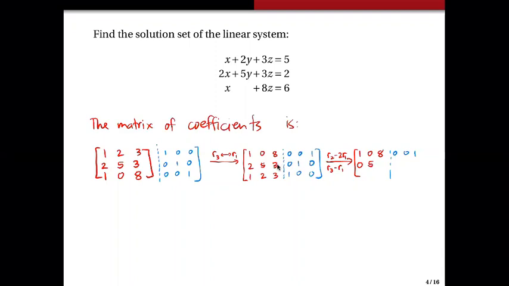In here, we have 3 minus 2 times 8. So 3 minus 16. So that will be what? Negative 13. Okay? And then for this one here, we have 0 minus 0. That's still 0. 1 minus 0, that's still 1. And then 0 minus 2 times 1, we have negative 2.